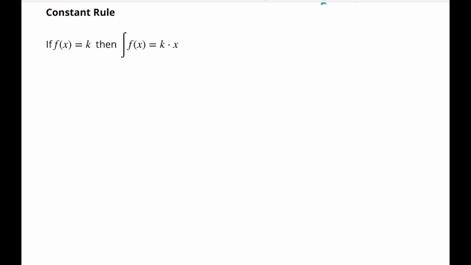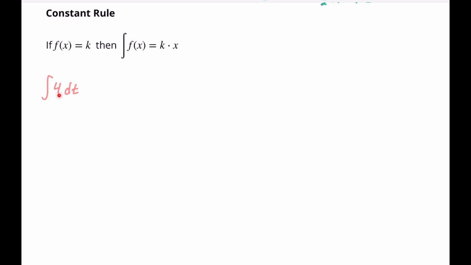The constant rule is saying if your function is just a constant value, just a number, then the integral of that function is a constant times x, or whatever variable you are integrating with respect to. So let's say we've got the integral of 4 dt. Now I'm going to use a different variable here so we can see that it's not always going to be x.